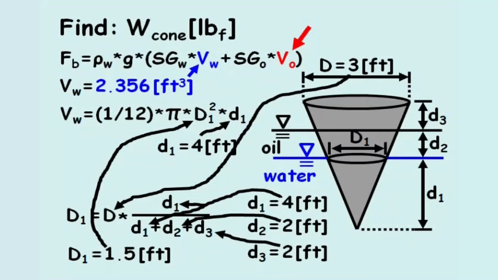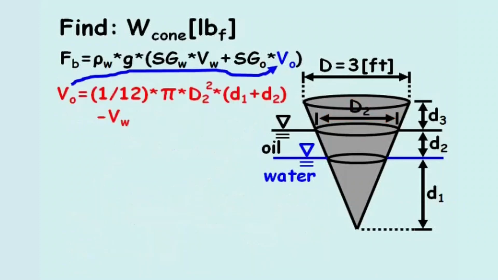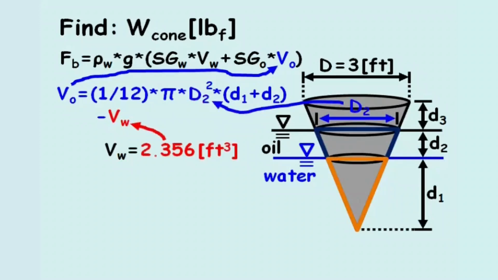At this point, the last unknown variable is the volume of the cone submerged in oil. To solve for this volume, we'll define variable uppercase D2 for the diameter of the cone at the oil-air interface. Now, we'll define VO as the volume of the cone with a diameter uppercase D2 minus the volume of the cone which is submerged in water, VW, which we just calculated.